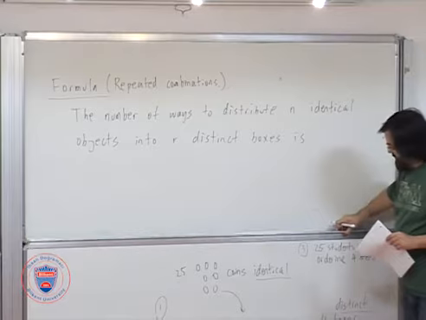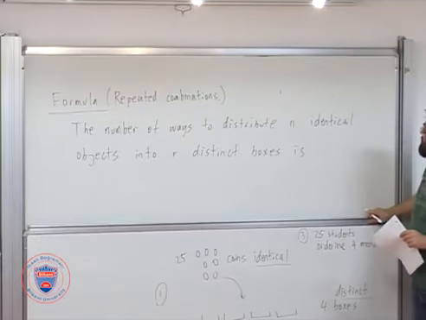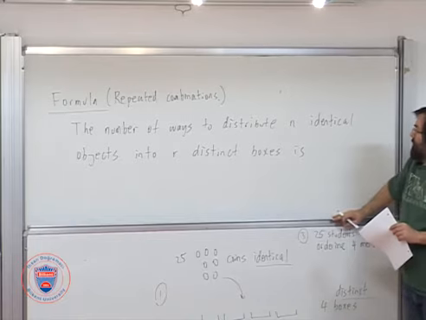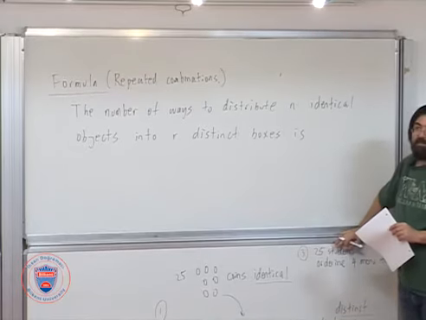So this is exactly what we had so far, right? So n identical is your 25, and 4 is your distinct boxes.